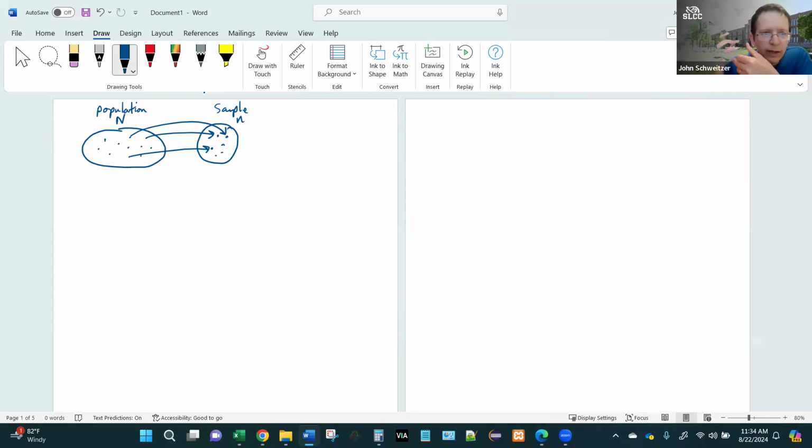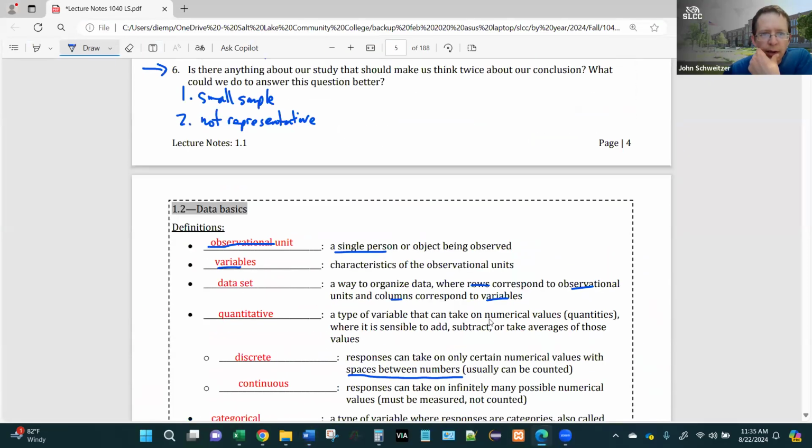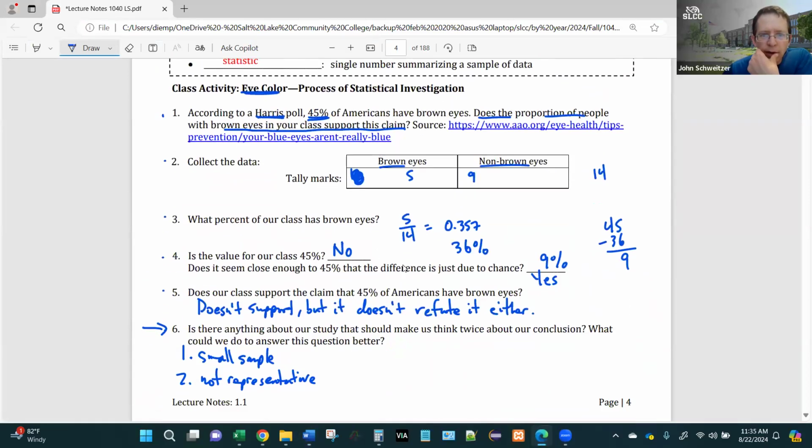Okay, so we actually did this last time, right? If you remember, that informal non-scientific study we did on eye color. There were 14 of us, okay, and 5 out of 14 had brown eyes, right? So we had 36%. The Harris polling organization said it's 45%, and we got 36%.